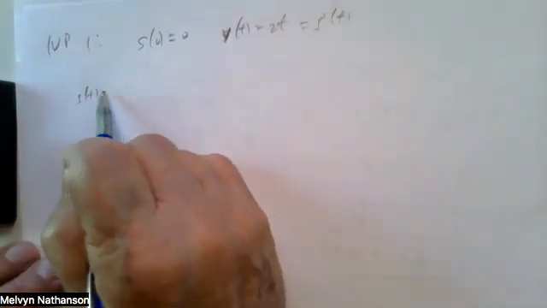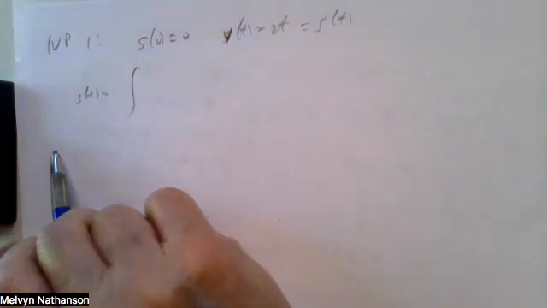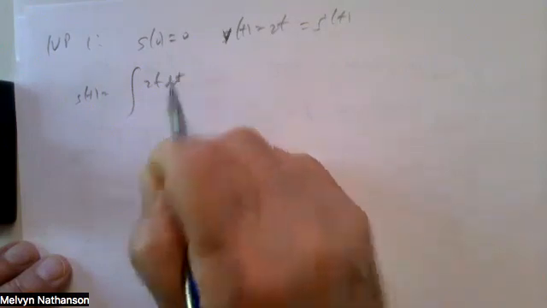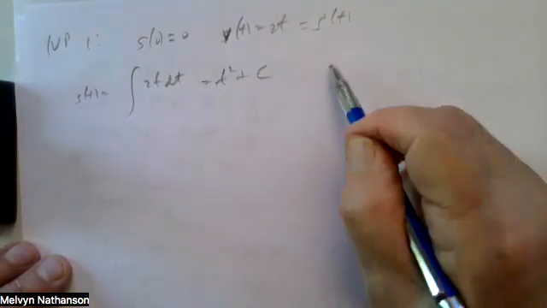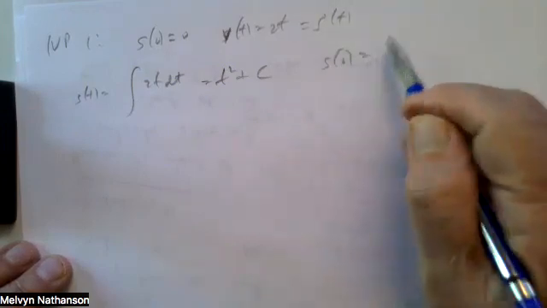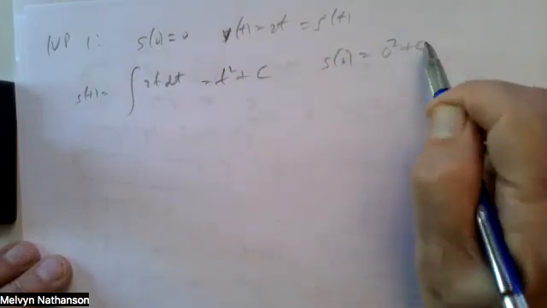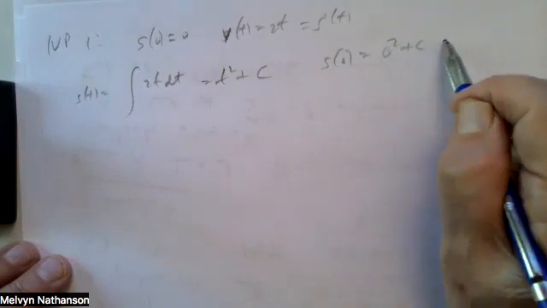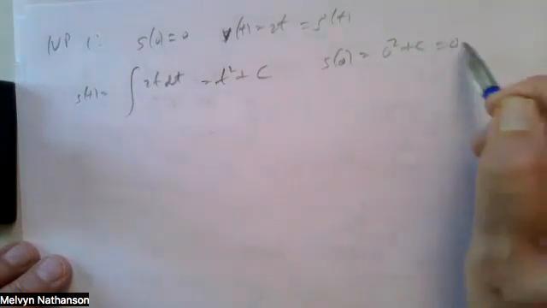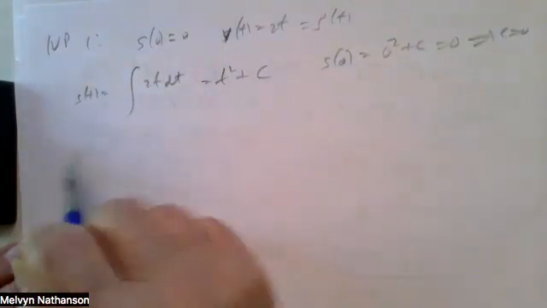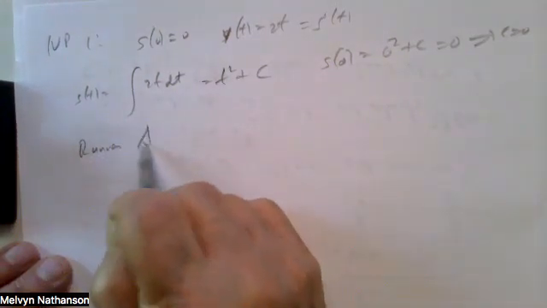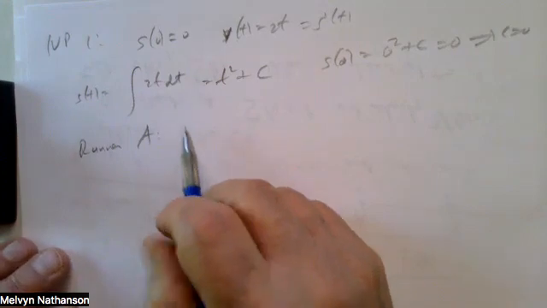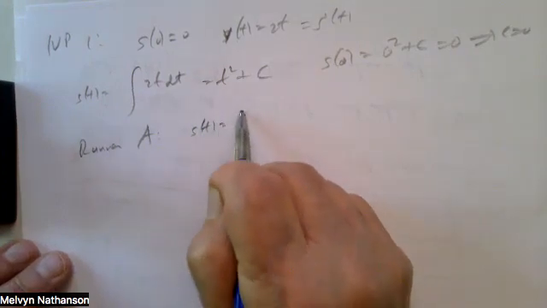So s of t is the integral of 2t dt, which is t squared plus a constant. So s of 0 is 0 squared plus a constant, and the initial position s of 0 is 0, so c is 0. So for runner A, his or her position at time t is equal to t squared.